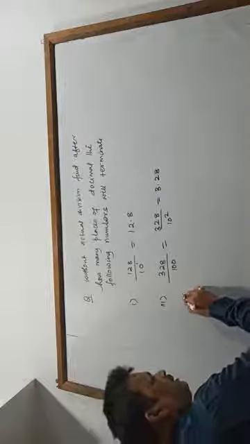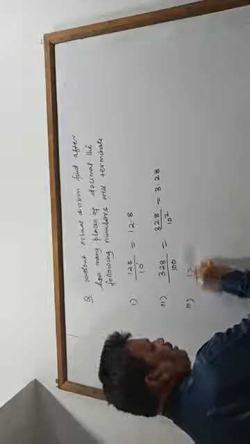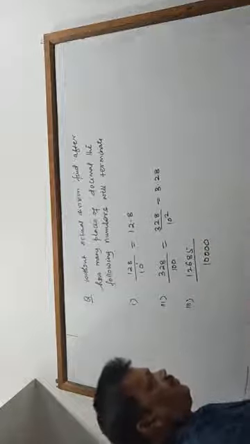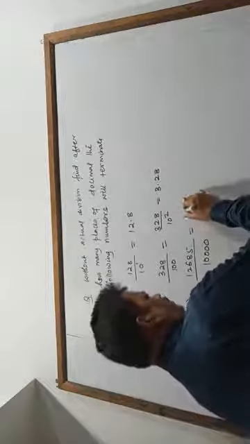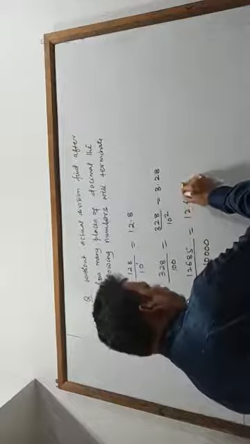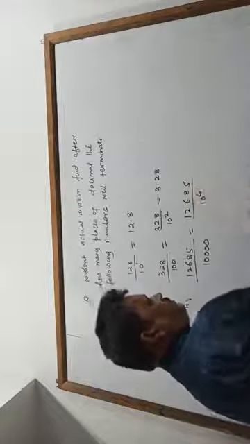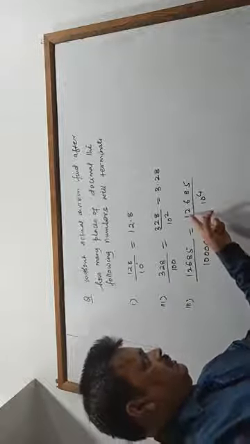If I write 12685 divided by 10000, 4 zeros means 12685 divided by 10 to the power 4, means it will terminate after decimal.